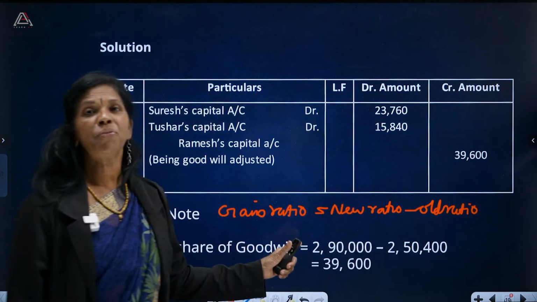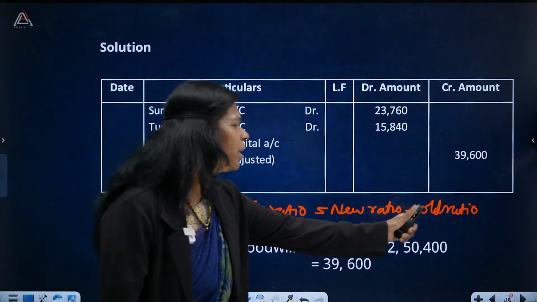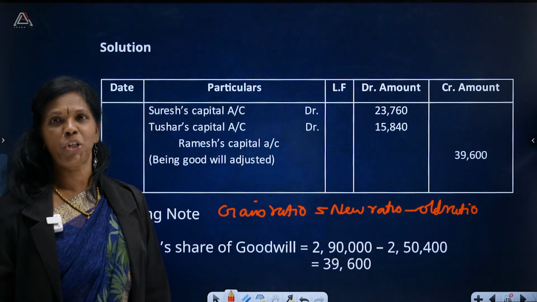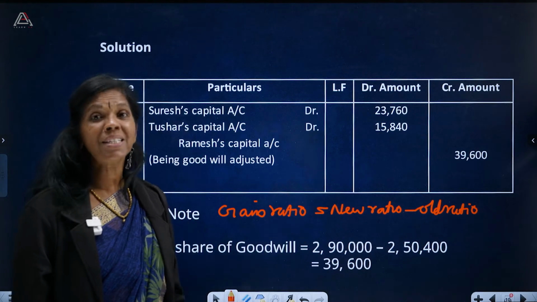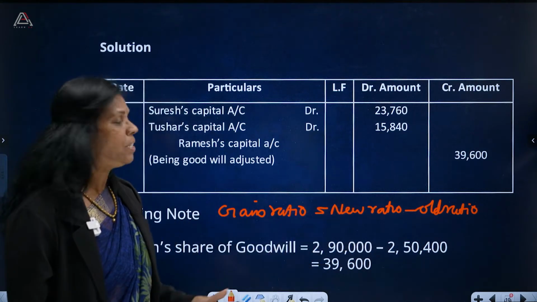This is the formula to find out gaining ratio. Gaining ratio is equal to new ratio minus old ratio. Then what is the new ratio?